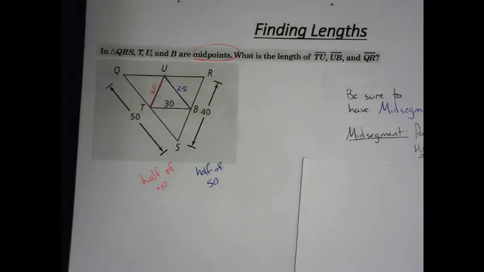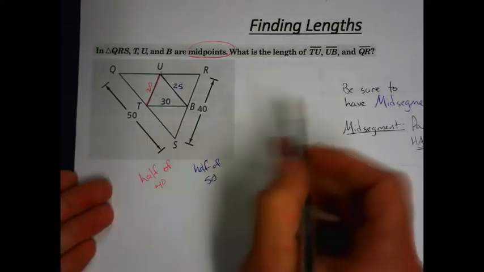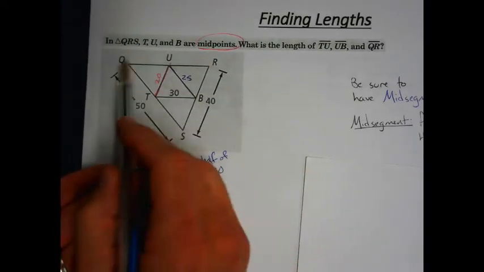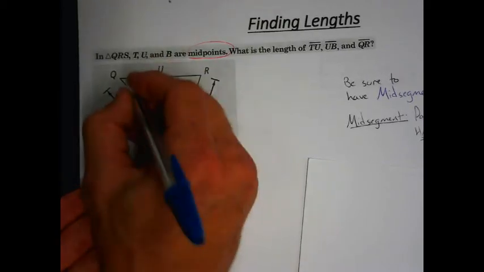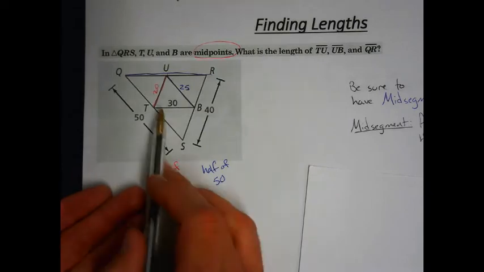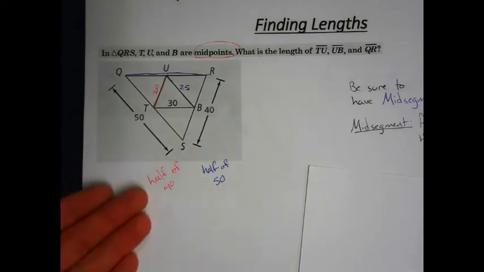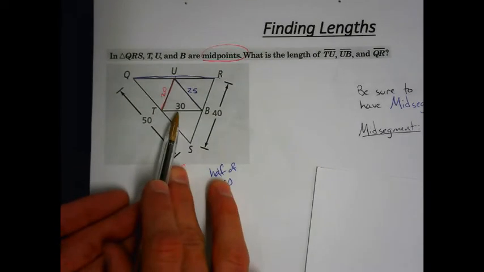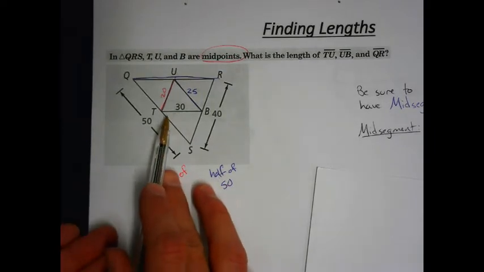And then what is QR? Okay, so where is QR? I have TUB. Where in the world is QR? Oh, QR is up here, right? So QR is way up here. And look what it's parallel to, TB. How do we know it's parallel to TB? Because T and B are midpoints. This is a midsegment. And midsegments are parallel to and half of the third side.